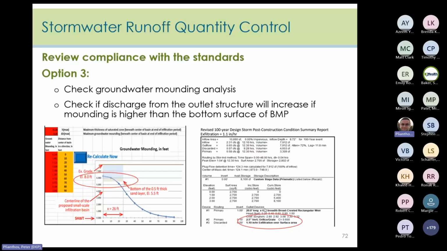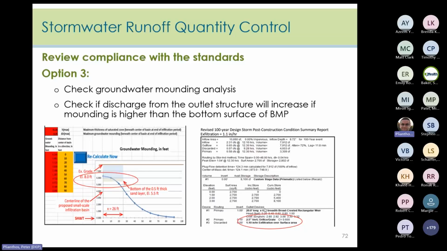Now, often, the groundwater mounting analysis will show the mounding rising above the bottom surface of the BMP, as we see in the bottom left example, where the mounding curve rises above the sand layer of the infiltration basin. This means that the hydraulic conductivity will be decreased from the original design value.